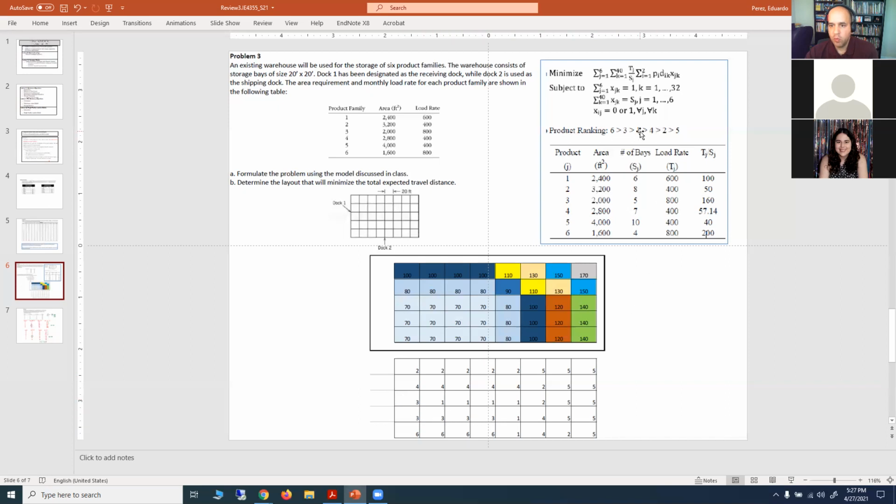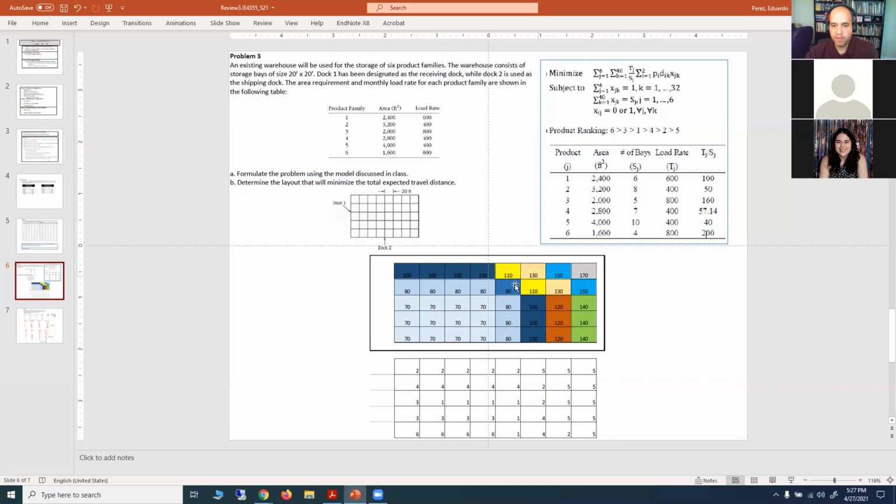Then I move to 1. 1 requires 6 cells. So I still have 3 70s. I place the 1s there, and I still need to place 3 more. So I go to the next value, which is 80, and I place the 1s in the 80 cells. And I'm done with 1, and then I go to 4. 4 requires 7 cells.